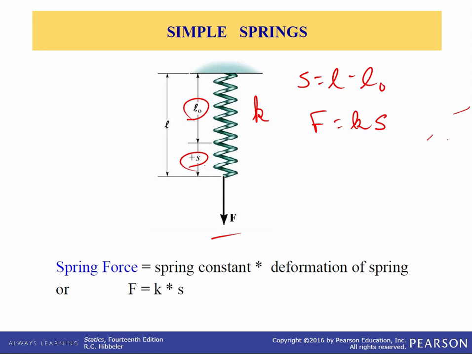Whereas if S is negative, causing a shortening, then F must push on the spring.